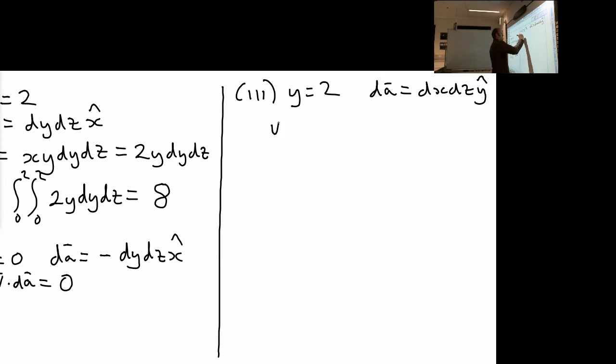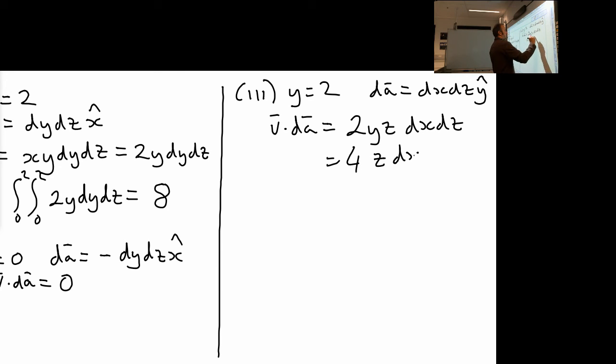You can see it's just a lot of repetition here. V dot dA now is going to be equal to 2yz dx dz, which is equal to 4z dx dz.